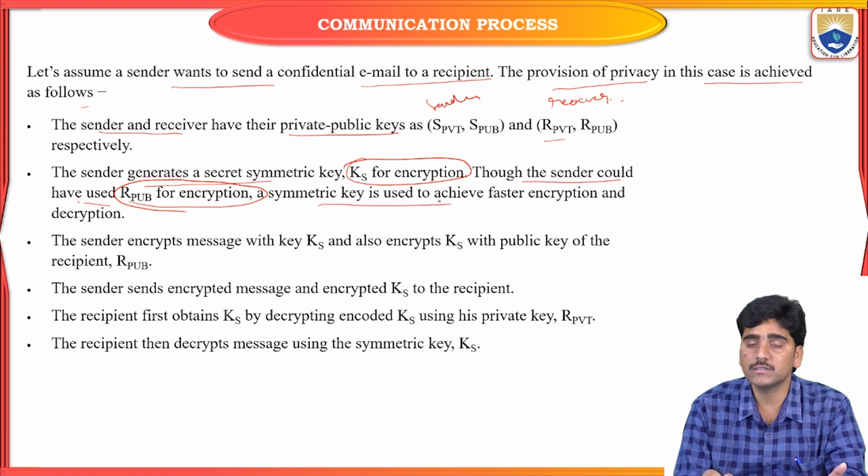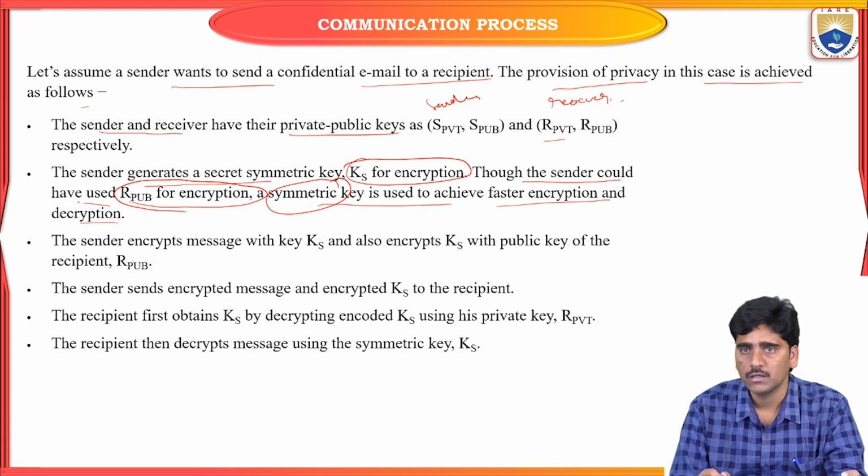A symmetric key is used to achieve faster encryption and decryption. So here the symmetric key usage is to achieve faster encryption and faster decryption. You need to encrypt the mail with a faster mechanism and decrypt the mail with a faster mechanism. For that, this symmetric key is used.